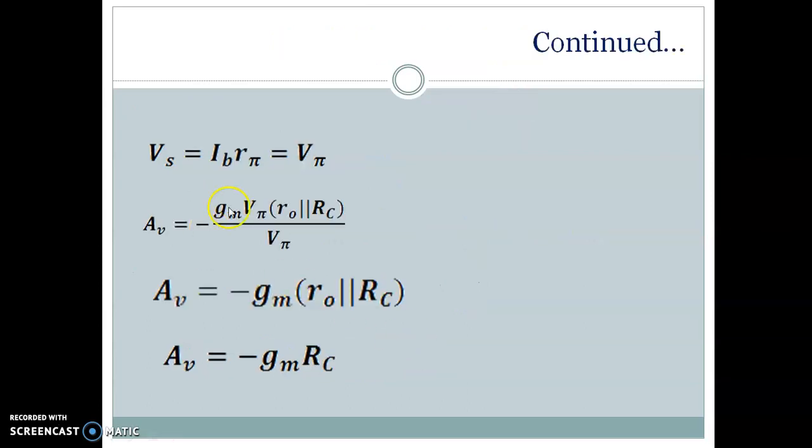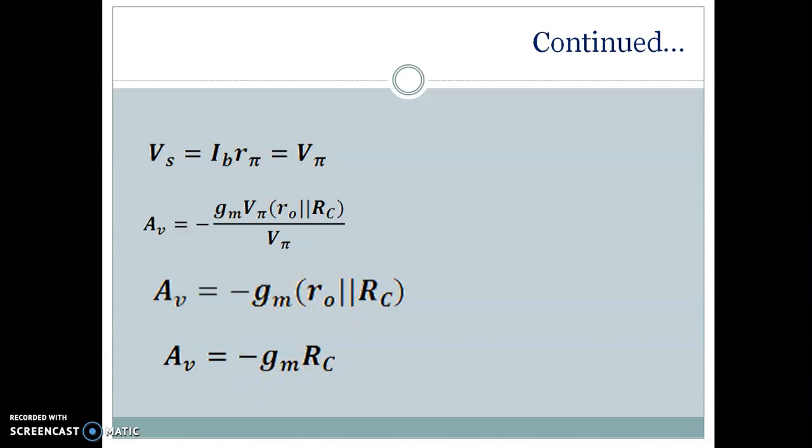And Vs is approximately Vs equal to Ib times your input impedance. Input impedance is r_pi, so if you cancel, you get minus gm r0 parallel RC. This minus sign indicates that it is a CE amplifier where the input as well as output are out of phase by 180 degrees. If we neglect this Early effect, then it becomes minus gm times RC.